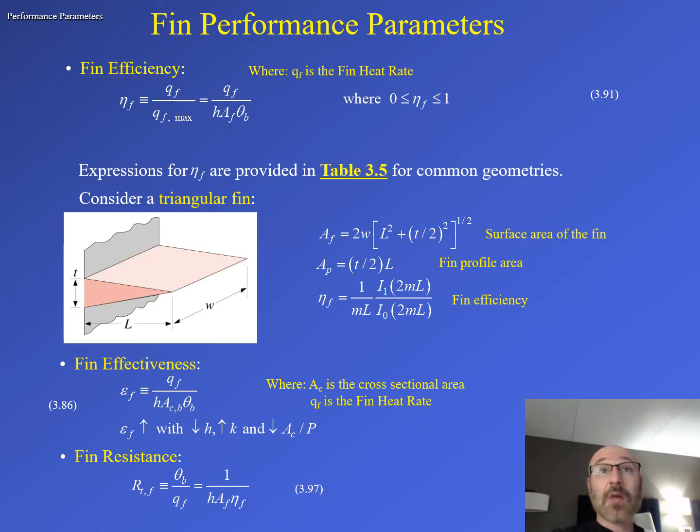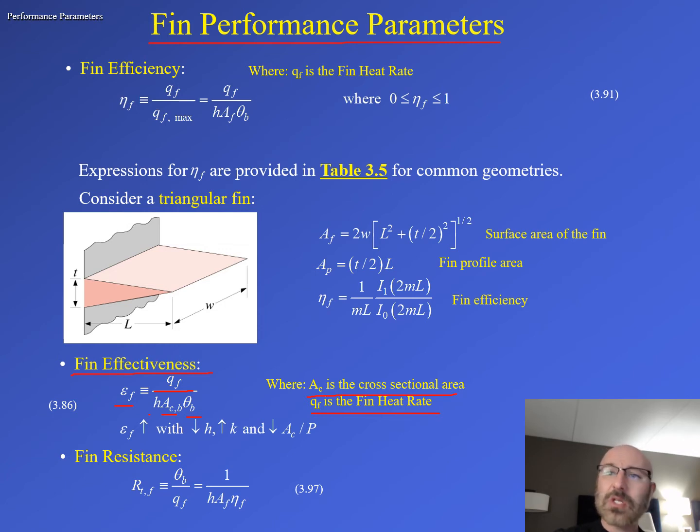Continuing on with our fin performance parameters, now rather than looking at our fin efficiency, what we want to look at next is our fin effectiveness. Our fin effectiveness is given by our epsilon sub F variable, and this equals Q sub F, where Q sub F is our fin heat rate, divided by H A sub C comma B times theta sub B, where A sub C is the cross-sectional area.